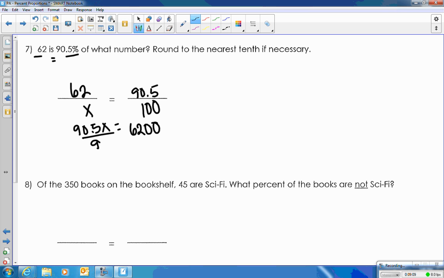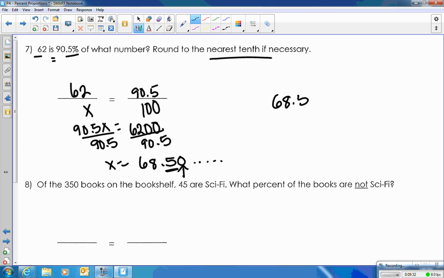Then I have to divide by 90.5 on both sides to come up with my value. This is going to give me 68.50 and so on. It told me nearest tenth. So I look at the number behind it, and that tells me that my tenths place should stay the same. So my answer is 68.5.